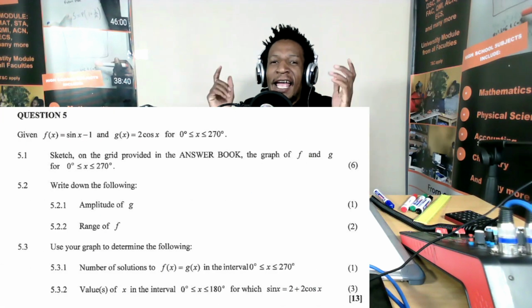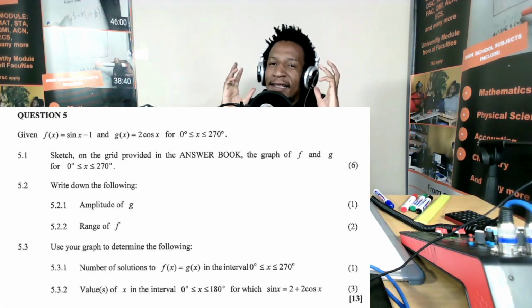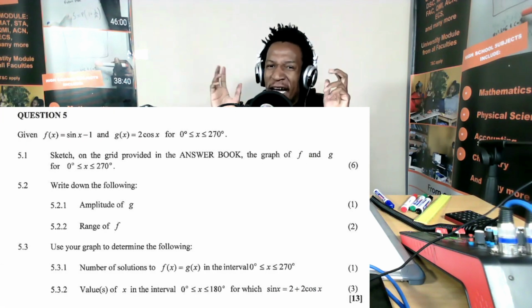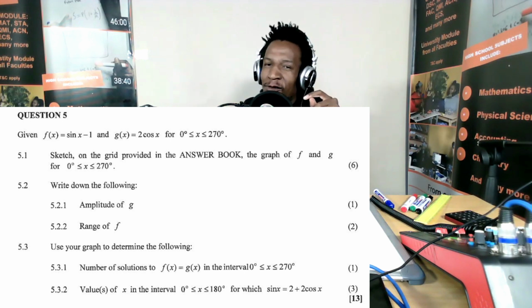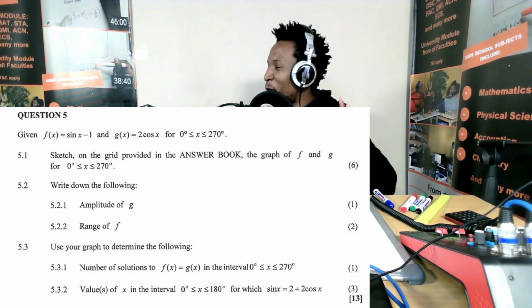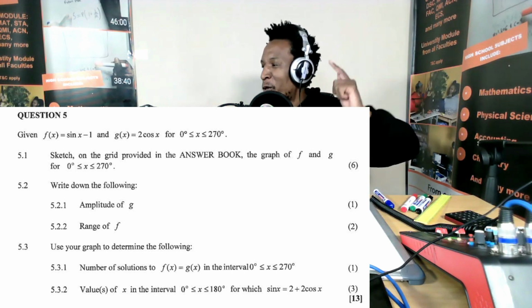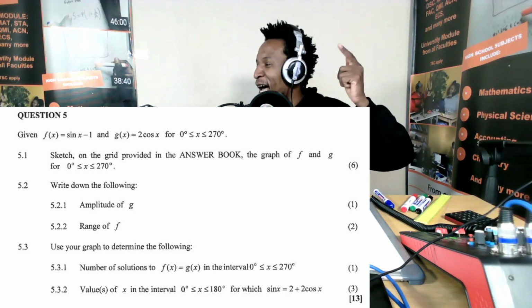Again, for a question like this, if you can manage to answer the first question of the graph with understanding, and you understand exactly what you're doing, the next questions that follow are just a walkover. Let me show you. 5.2.1, you have to write the amplitude of g.